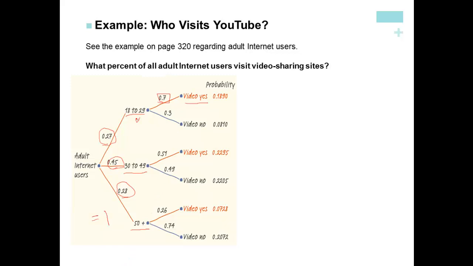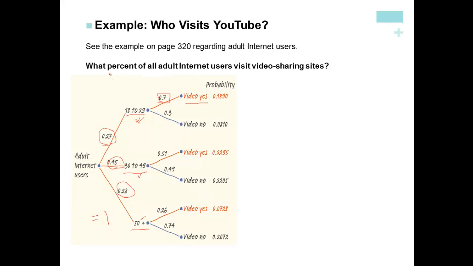Once the person is known to be from the age group of 18 to 29 years old, there's a probability of 0.7 that they visit video sharing sites. For those within the age group of 30 to 49, there's a 0.51 probability that they visit video sharing sites. And if they're 50 plus, there's only a 0.26 chance that they visit video sharing sites.